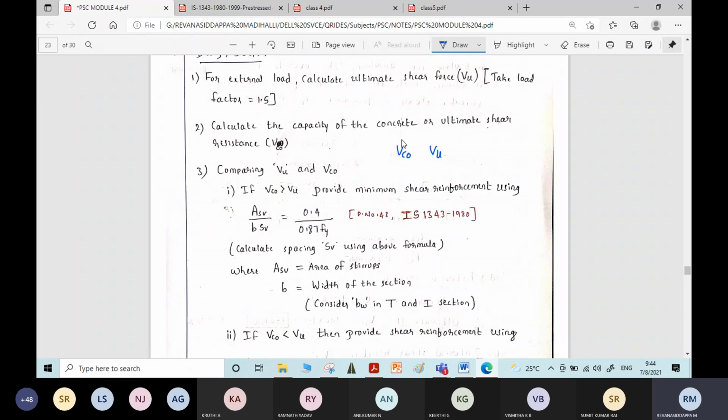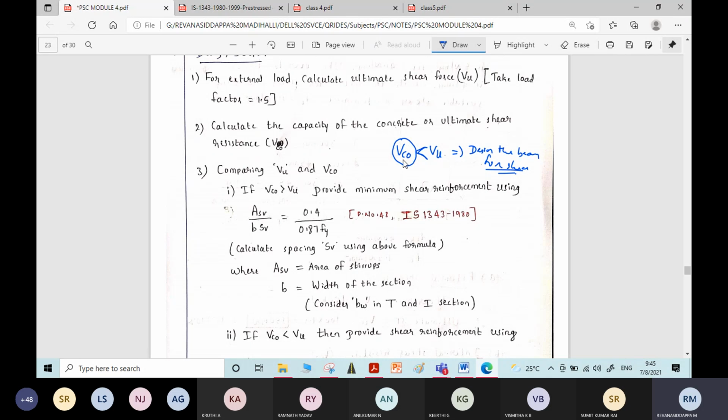If the shear resistance of the beam is less than the shear force acting on the beam, then we have to design the beam for shear. Understood?